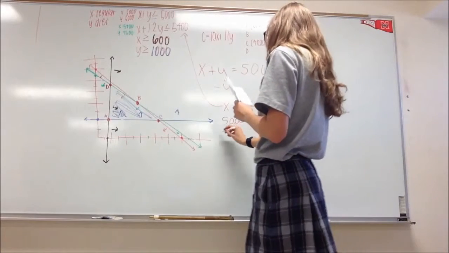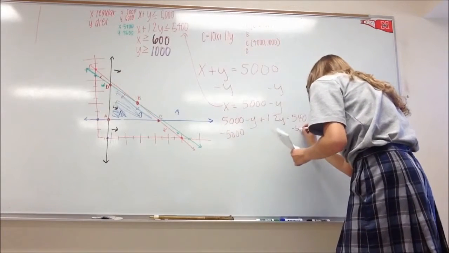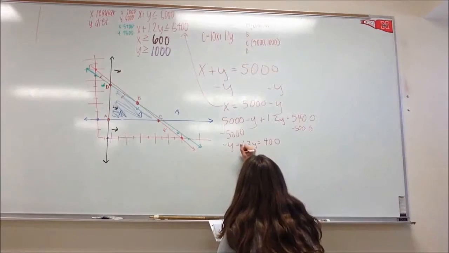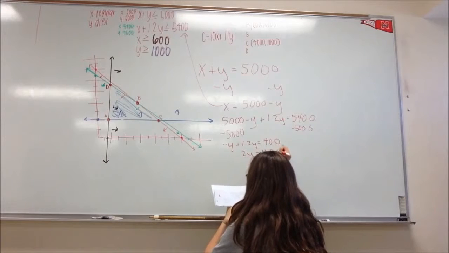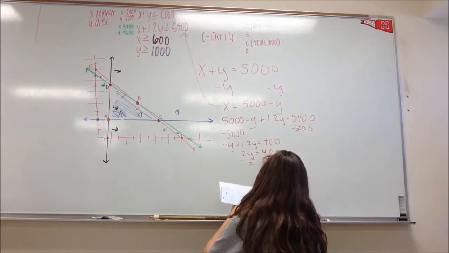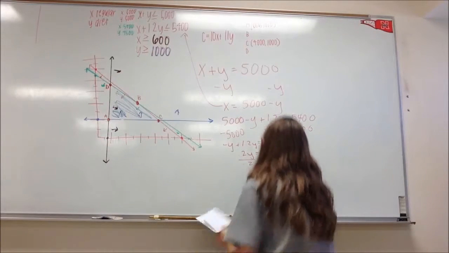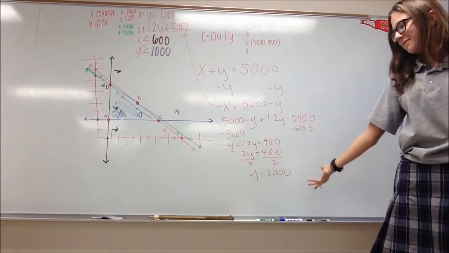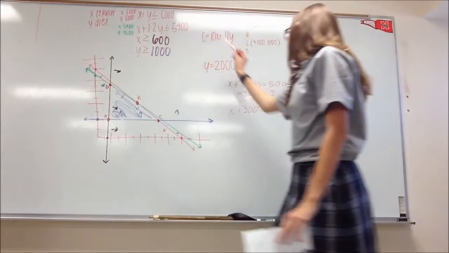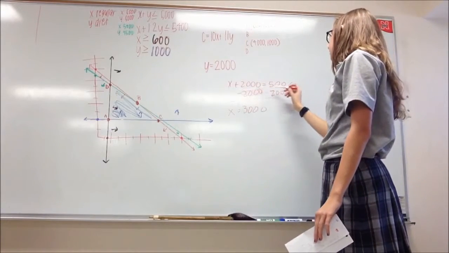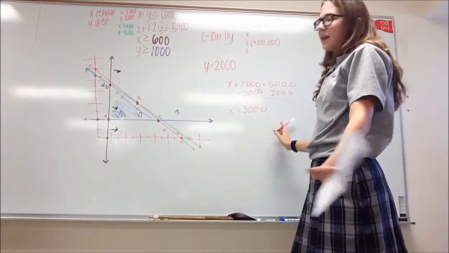And we subtract the 5,000 and then divide, which gives you y equals 2,000. So we plug in 2,000 for y in this equation, and then you get x plus 2,000 equals 5,000, and you subtract 2,000 and you get x equals 3,000.